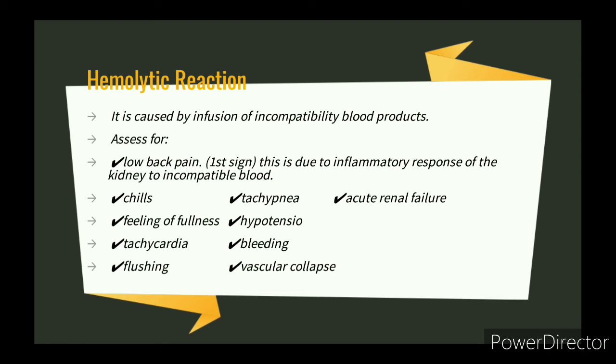Yan po yung mga hemolytic reaction. Don't forget, pag nagkaroon ng low back pain, that is the first sign of inflammatory response of the kidney to incompatible blood. Ayan po tinatawag nating hemolytic reaction.